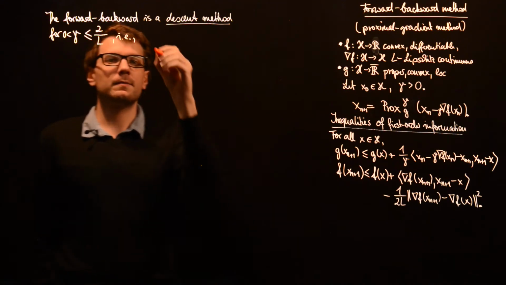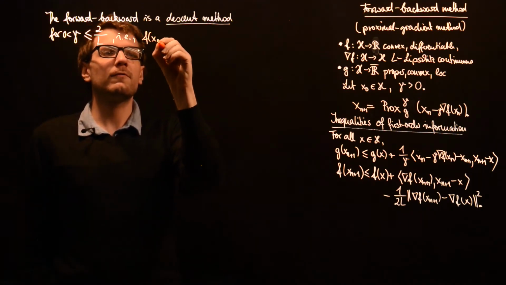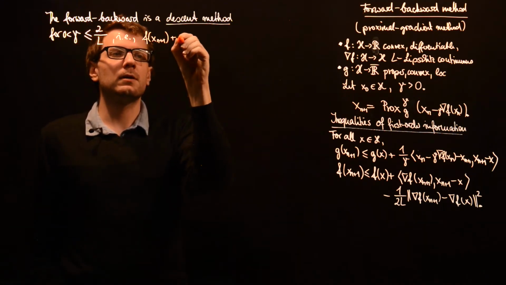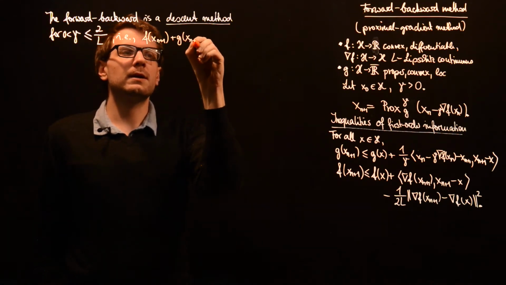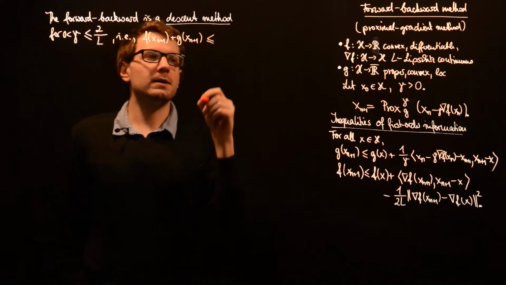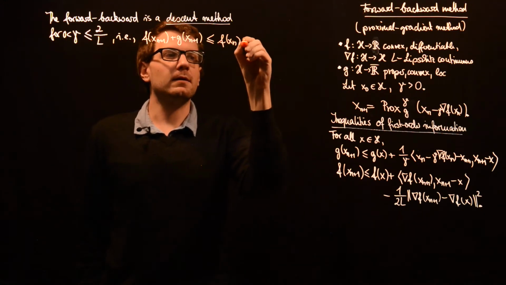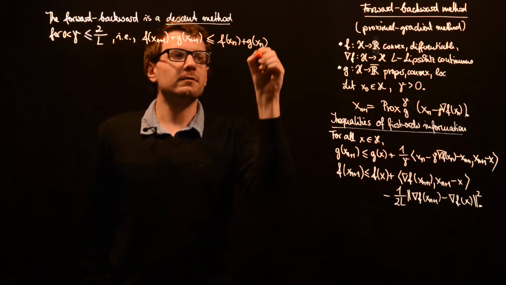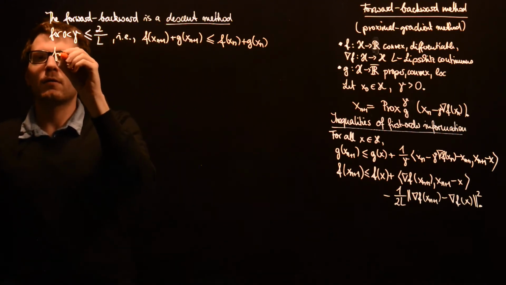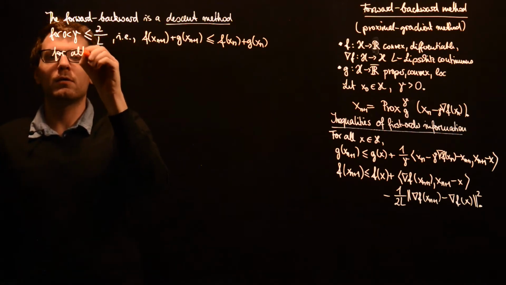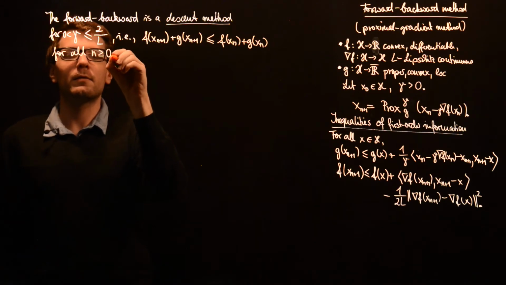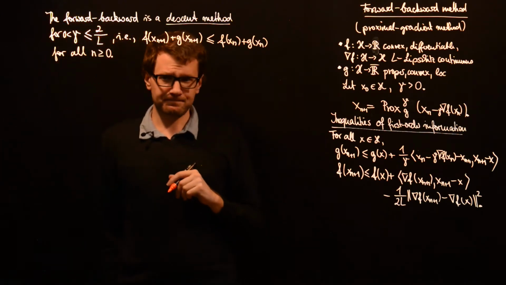This means that f of xn plus 1 plus g of xn plus 1 is less or equal than f of xn plus g of xn for all n.